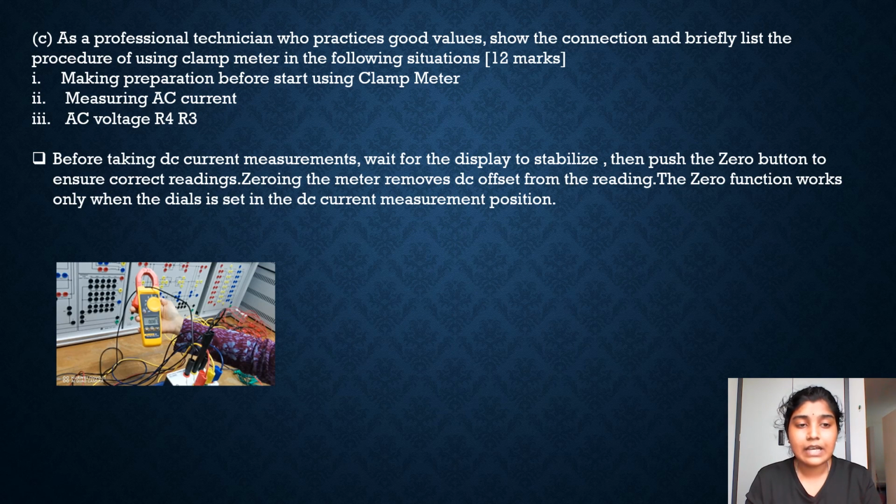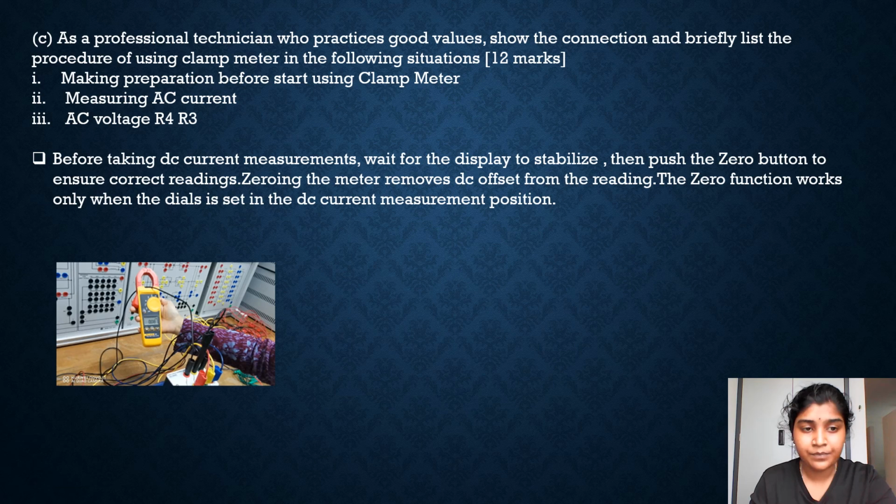Question C is, as a professional technician who practices good values, show the connection and briefly list the procedure of using a clamp meter in the following situations: making preparation before starting to use the clamp meter, measuring AC current, AC voltage.